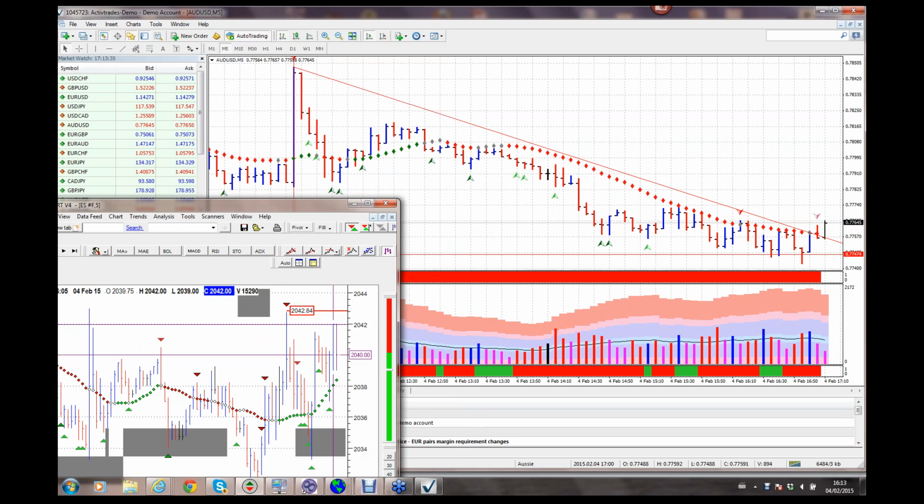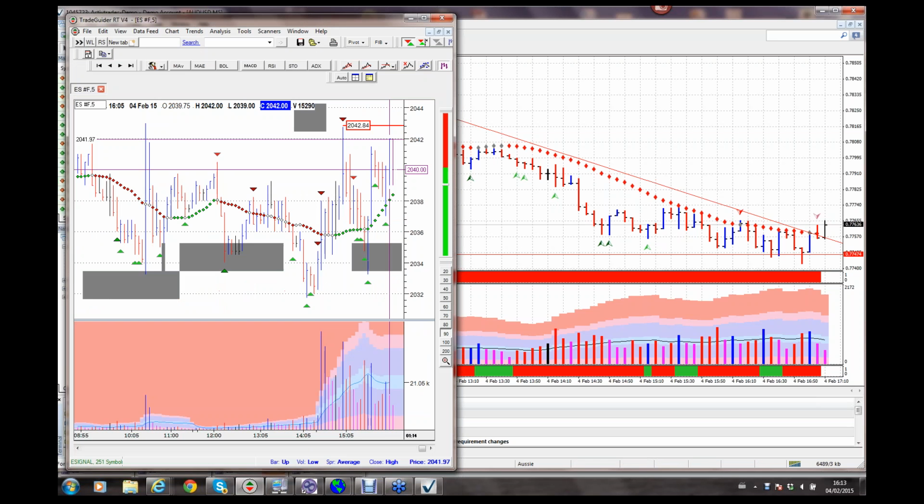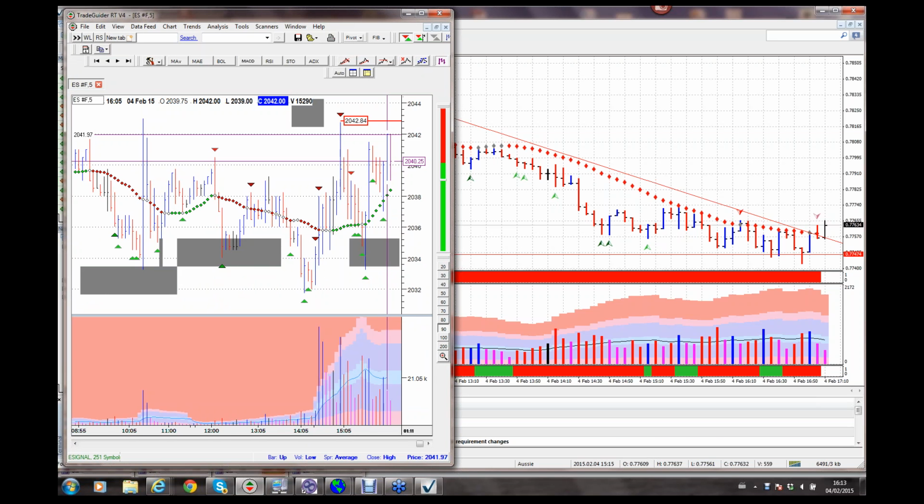Now, a proper trend line, you'd want to connect that one to that bar there and project it out. But this is now working because, look, they've up-thrusted the top trend line, and now we might get a no demand bar here. So we've got quite a couple of things here that are setting up. And what I'm looking for over here is a no supply or lack of selling pressure and a push up through 2043.